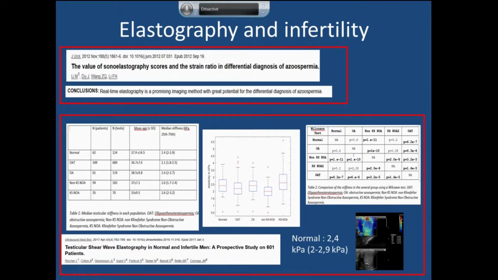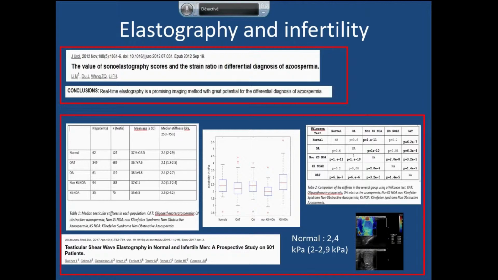What about testis elastography and infertility? With this first study from Lee, we had hope that we could differentiate obstructive azoospermia from non-obstructive azoospermia in order to select patients who could have a biopsy.